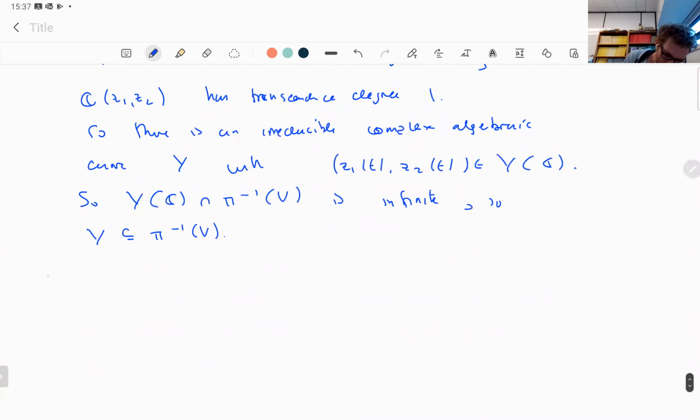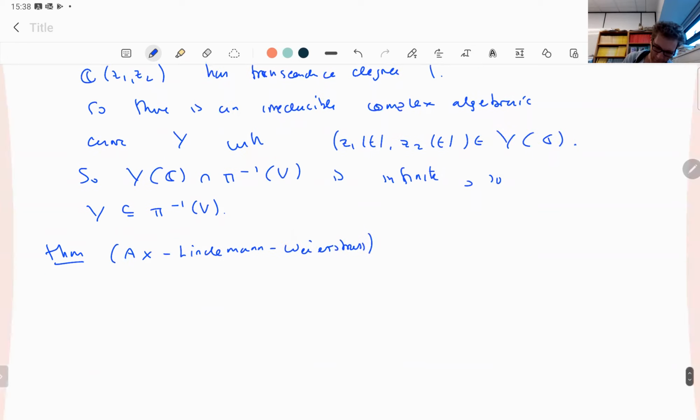Then we can use the following theorem, which is kind of overkill here, but let's state it anyway. So this is what's now known as the Lindemann theorem. I'm going to state it in a general context.